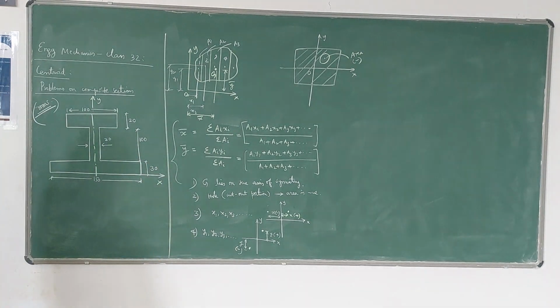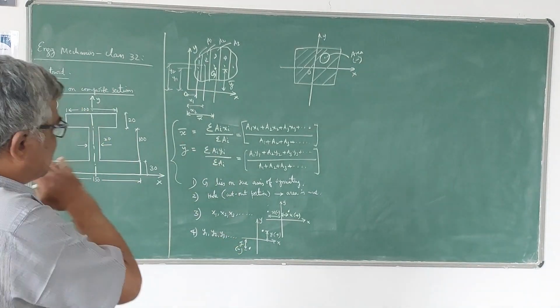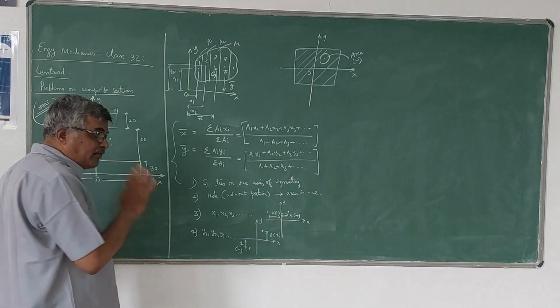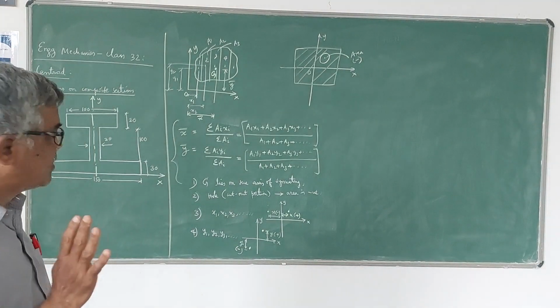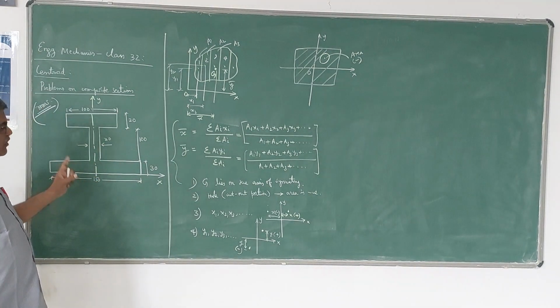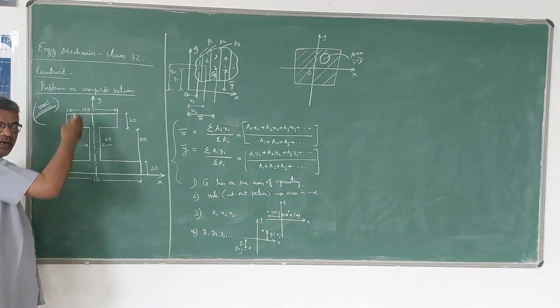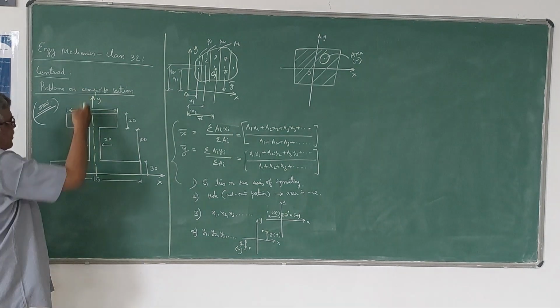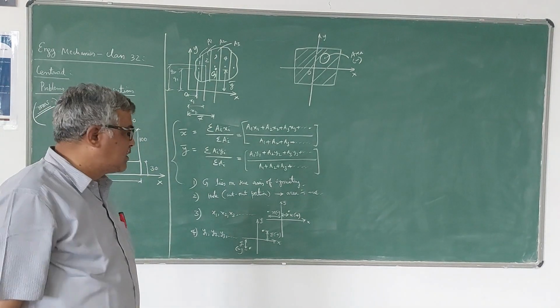Usually the procedure is the bottommost edge is taken as the x-axis, the leftmost edge is taken as the y-axis, if the given section is not symmetrical about any of the axes. Of course, in this case, it is symmetrical about the y-axis, so I can take the y-axis here at the center line of this section.